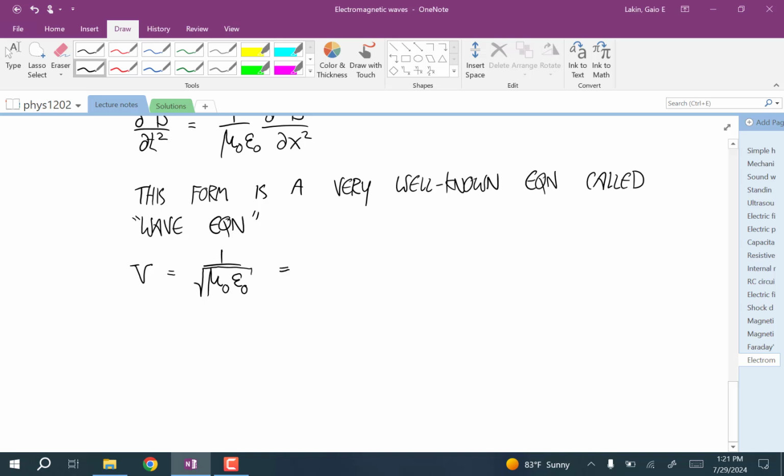And this calculation came out to be exactly the speed of light to many decimal places. So I'm going to call this lowercase c, that's the speed of light.